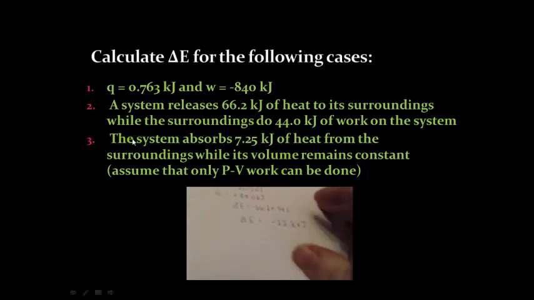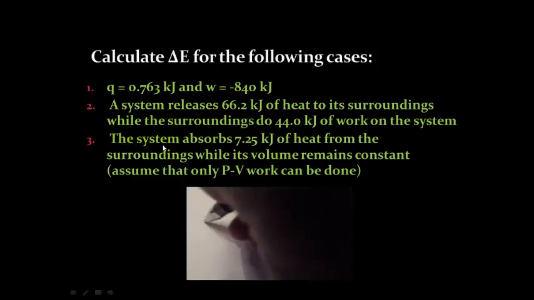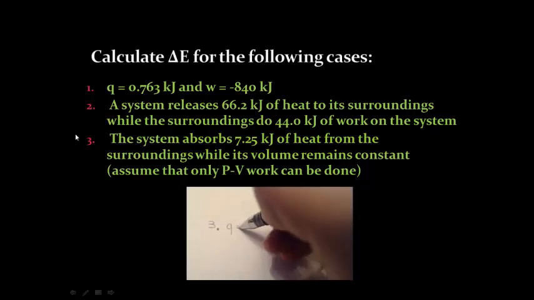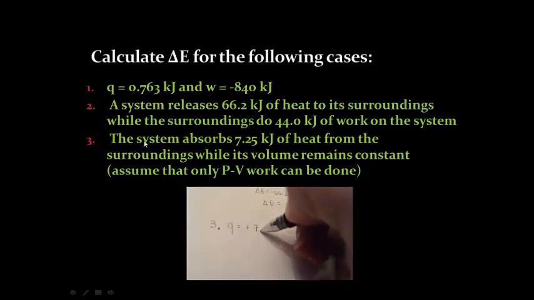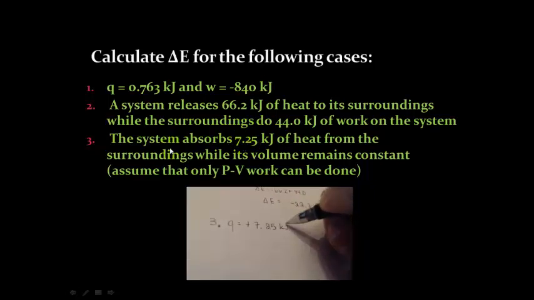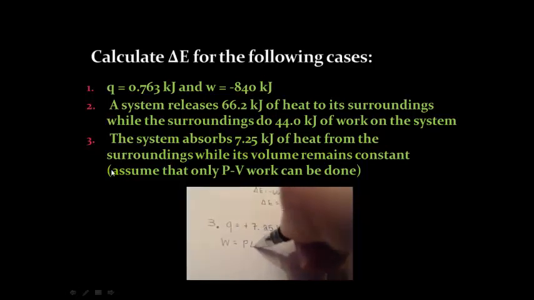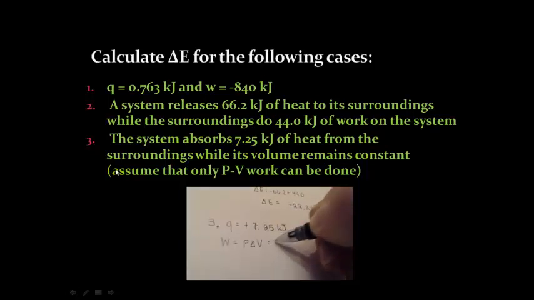Okay, finally, in question number 3, the system absorbs 7.25 kilojoules of heat from the surroundings. So the system is absorbing heat, so we're going to have a positive Q of 7.25 kilojoules. Its volume remains constant, and we're assuming that only PV work can be done, or pressure volume work.